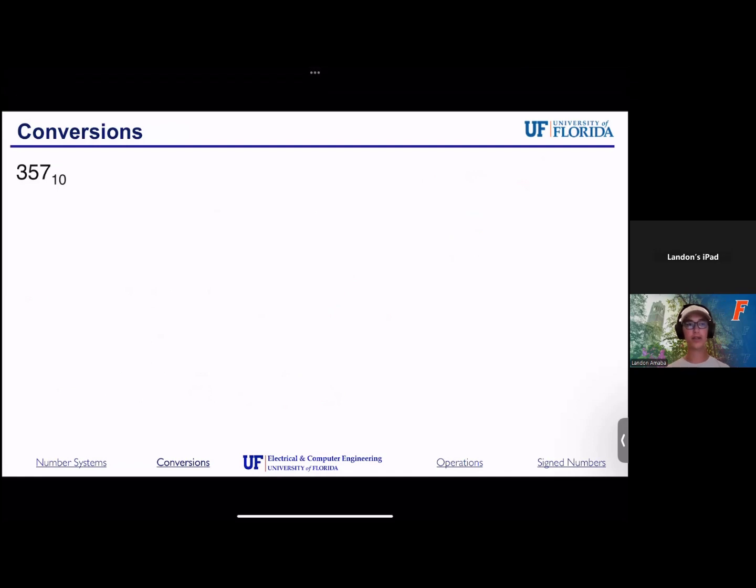All right, so now we're going to start with conversions. Let's say we have this number 357. This is in base 10. Binary coded decimal is a legacy way we used to express these base 10 numbers in ones and zeros. It's the easiest to understand, but it's not as efficient when you have a limited range of bits.